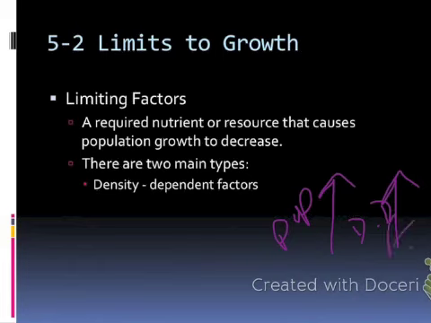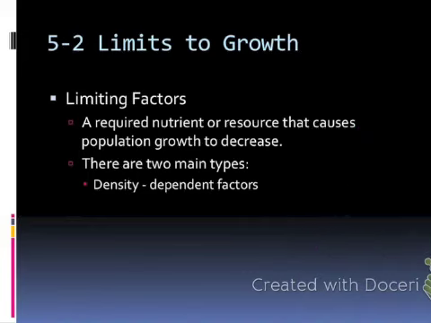And this density-dependent factor then starts to put pressure on the population, limiting the growth of that population. We will talk more about what density-dependent factors are in just a bit. But the second type are density-independent factors. You can figure out from the name, if density-dependent is determined by how many organisms we have, then density-independent is not impacted by that.